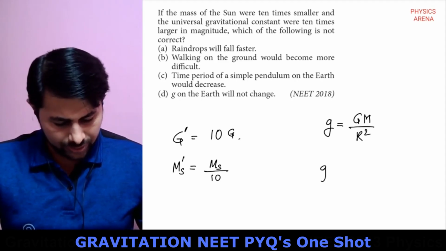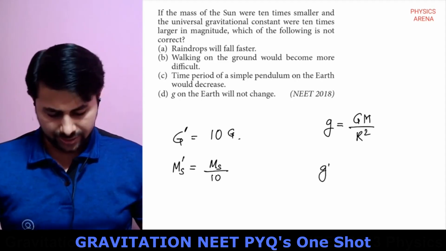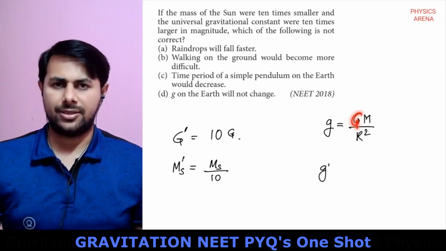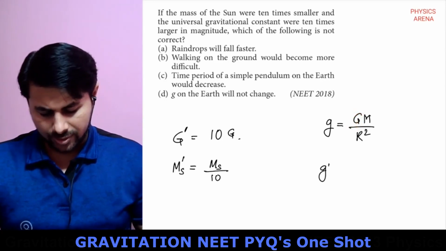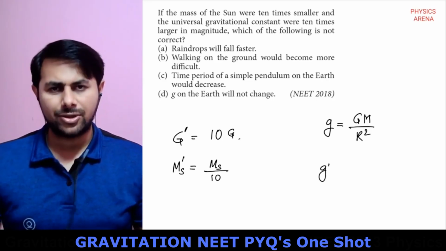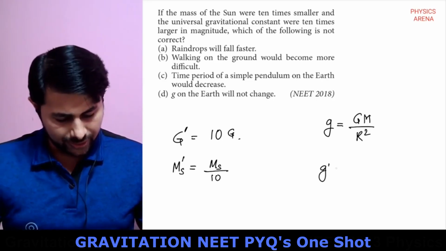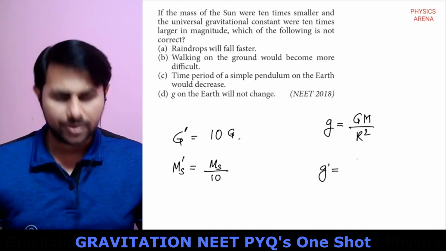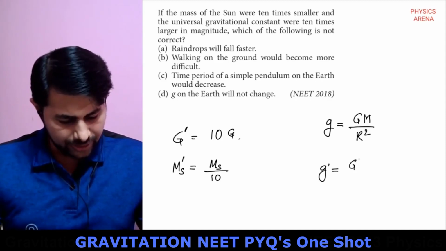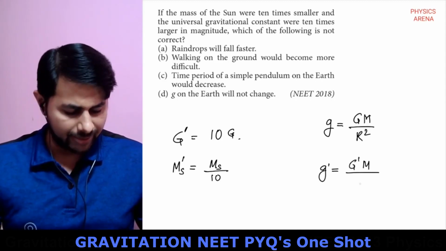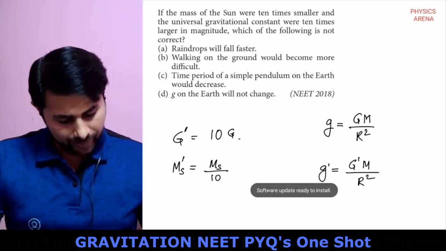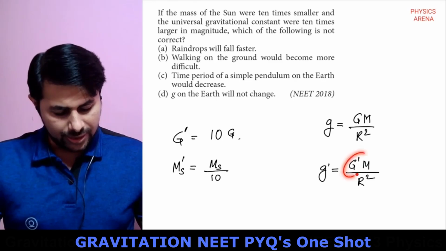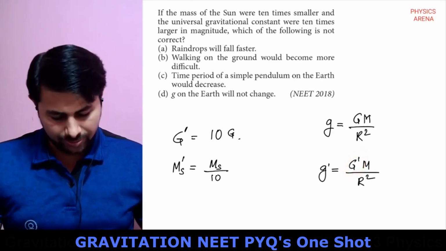Now if capital G changes, what will happen? Small g will also change. Now mass of earth is not changing, radius of earth is not changing, okay, so they are given to be constants. So it is G prime multiplied by M divided by r square. So now see, g prime is 10 times of g.